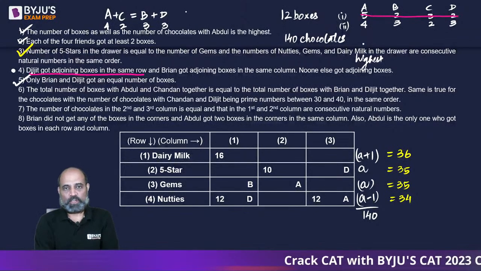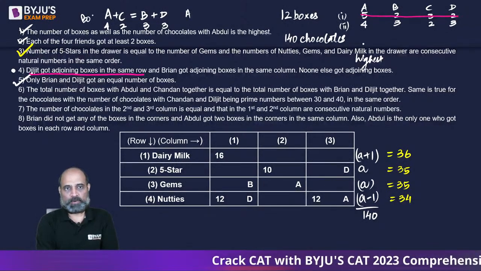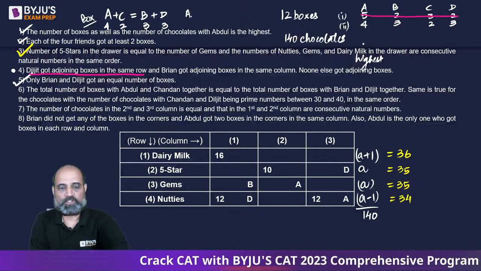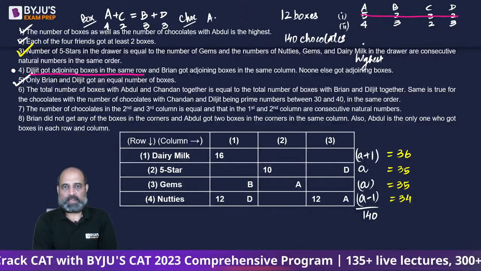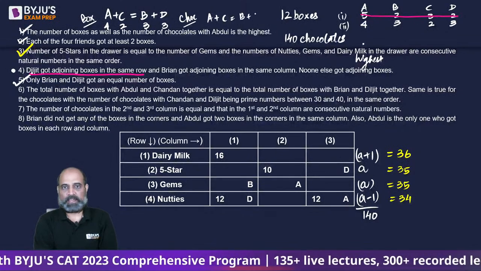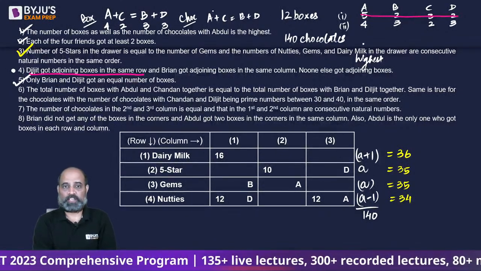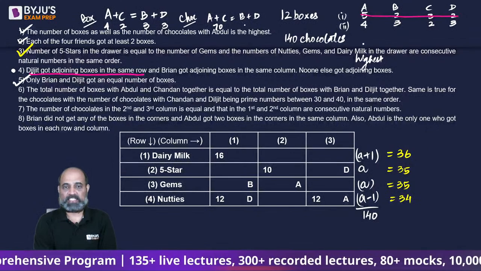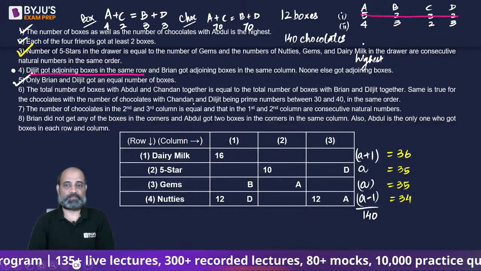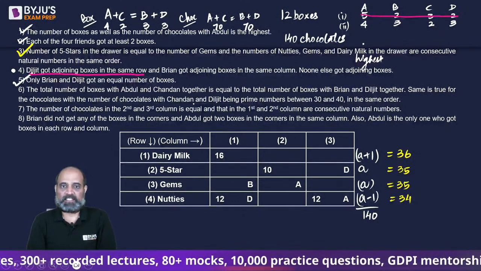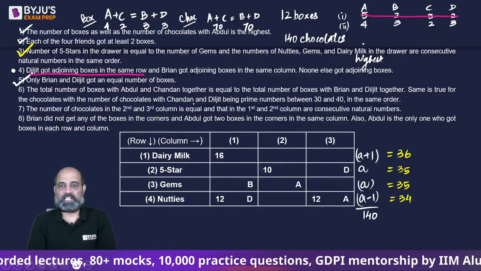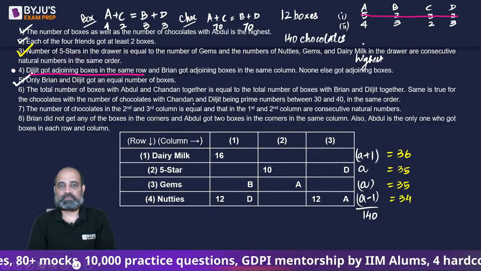If I talk about chocolates, this was about boxes. Now if I talk about chocolates, A and C get the same as B and D and together they get 140. So 70 is with A and C, and B and D have 70. With the number of chocolates with Chandan and Diljit being prime numbers between 30 and 40 in the same order.